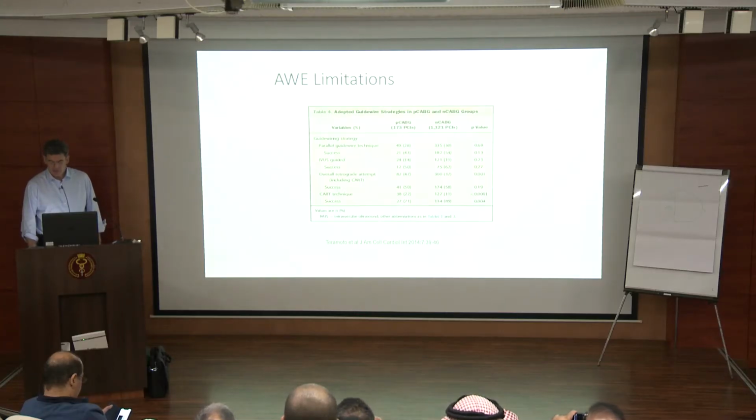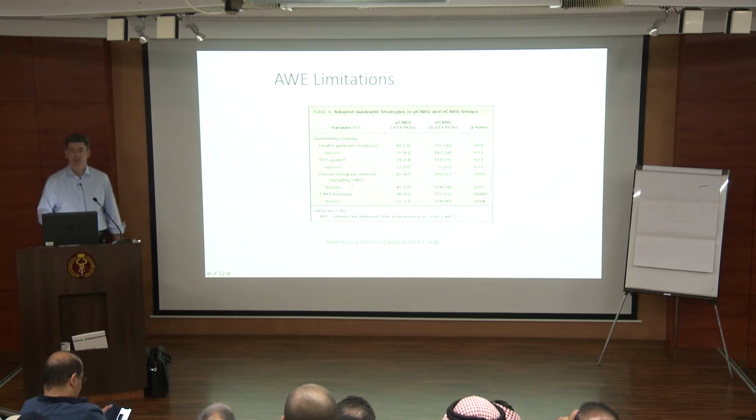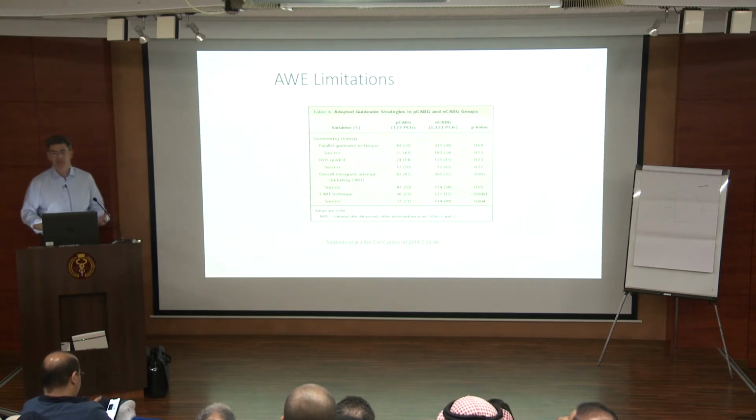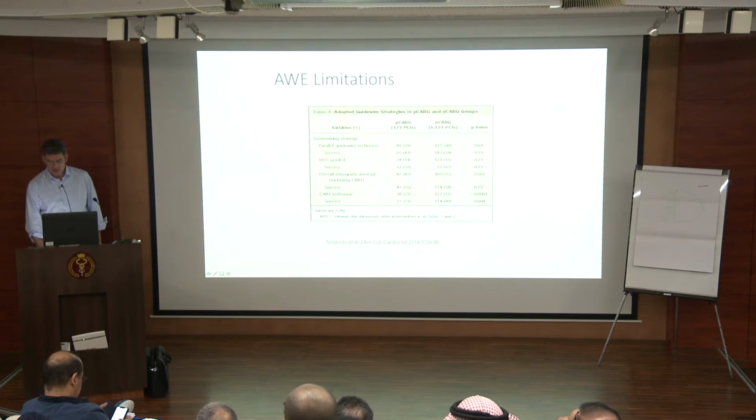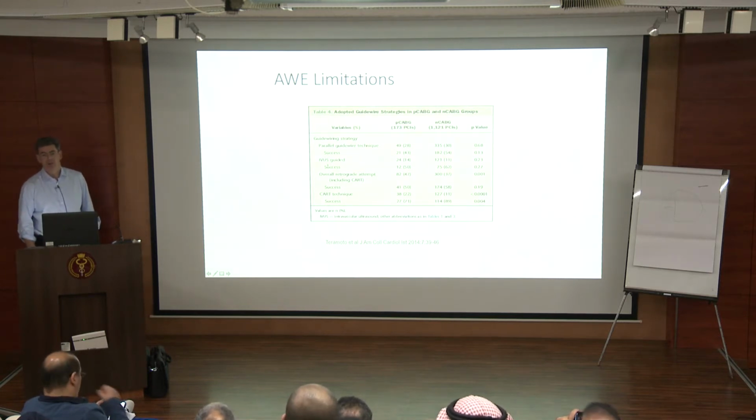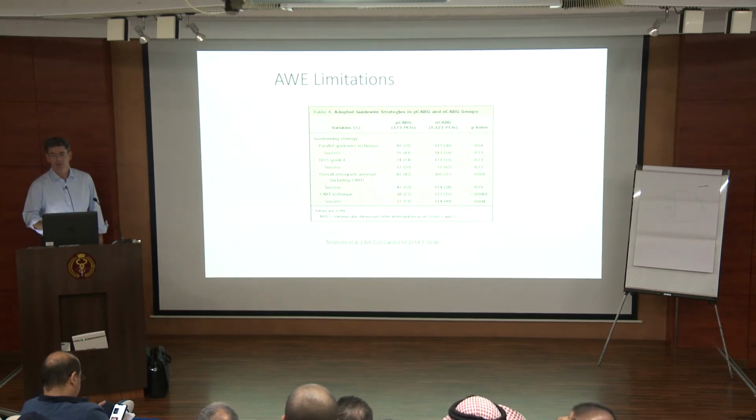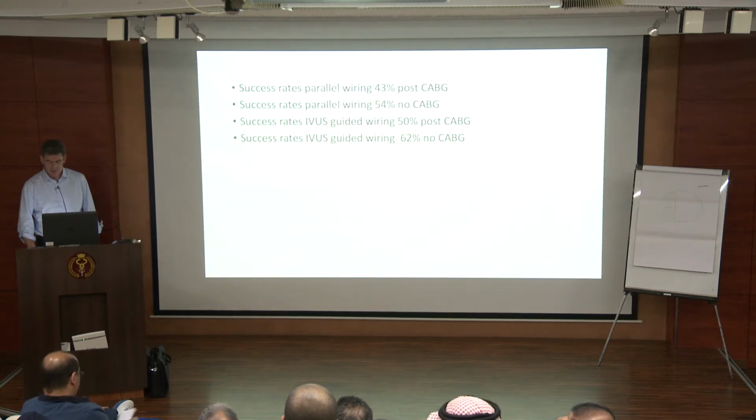The limitations of antegrade wire escalation we're all aware of, whether these are people post-CABG or not, and all the different adjunct strategies that we have to increase the success when AWE fails. Parallel guide wiring, IVUS guidance, these were extremely useful at the time when there wasn't an alternative available.